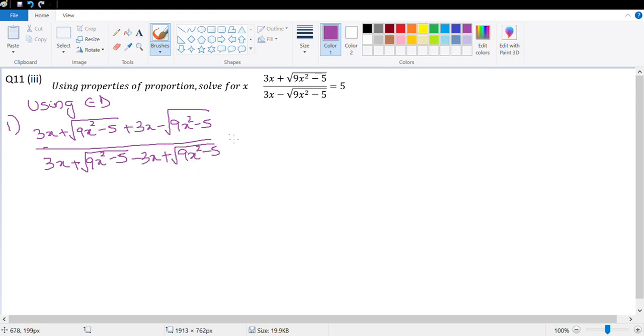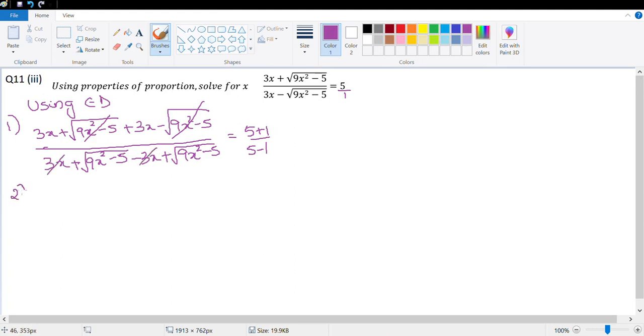And here the denominator is 1, that's obvious, which means this is 5 plus 1 upon 5 minus 1. So the square root of 9x square minus 5 gets cancelled. Negative 3x and plus 3x gets cancelled.